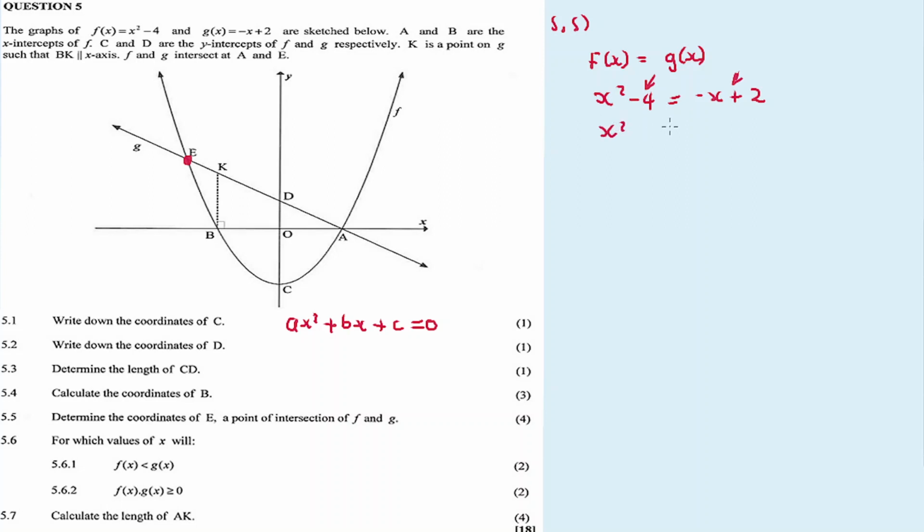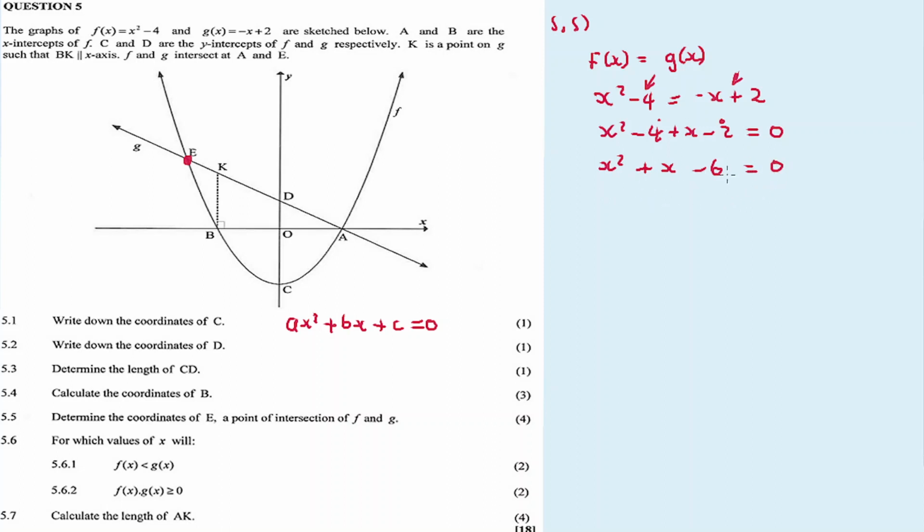We get x squared minus 4 plus x minus 2 is equal to 0. Therefore we collect like terms: x squared, minus 4 minus 2 is minus 6, and then b will be plus x, equal to 0.